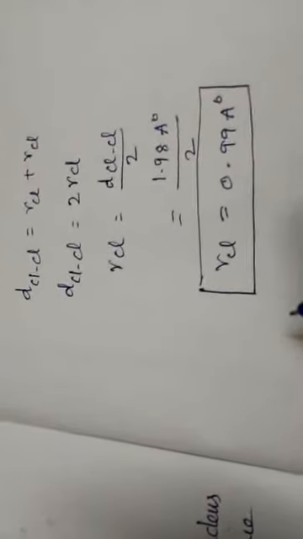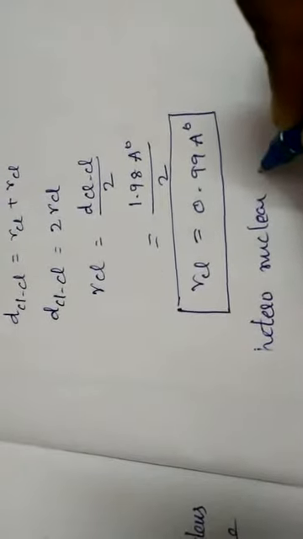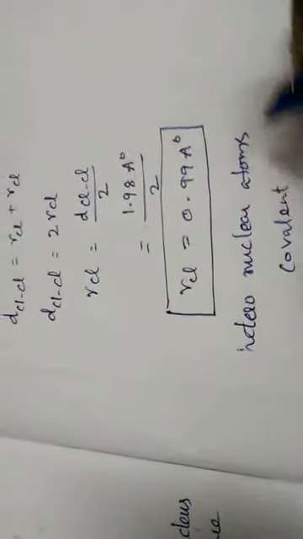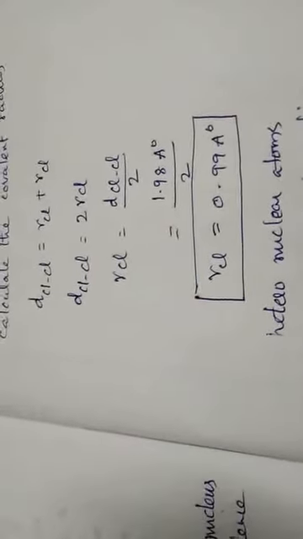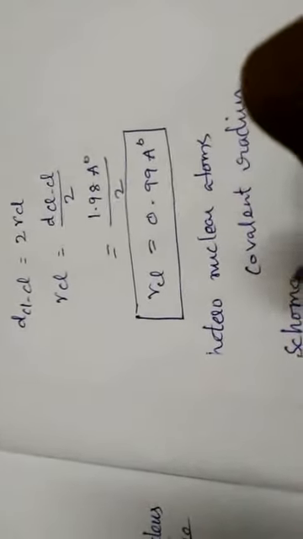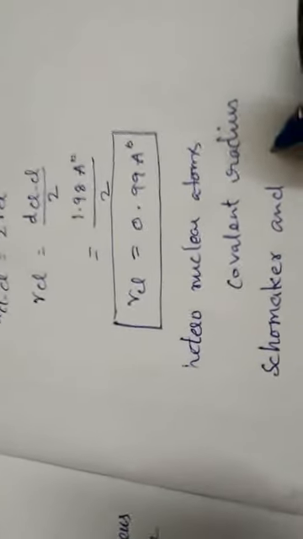Next, in case of heteronuclear atoms, how can we calculate covalent radius? The simple method was proposed by Schomaker and Stevenson.